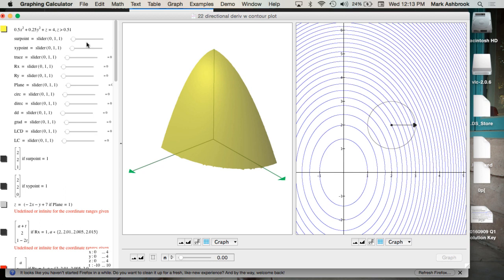Okay, so we have this point, and that's this point 2, 2. So let me give you the actual paraboloid here. It's too small to read.